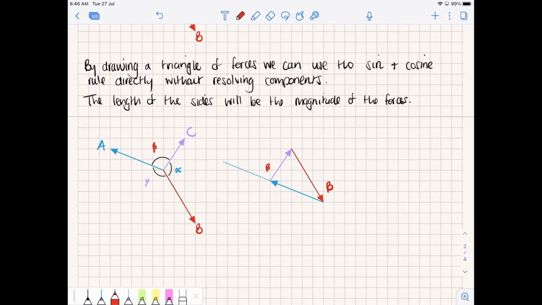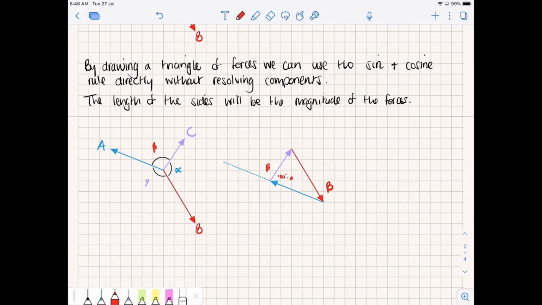So if the angle on the outside is beta, Zara, what's the angle on the inside going to be? I have a straight line there. If the angle on the outside is beta, 180 minus beta. There we go. So this is just going to be 180 degrees minus beta.